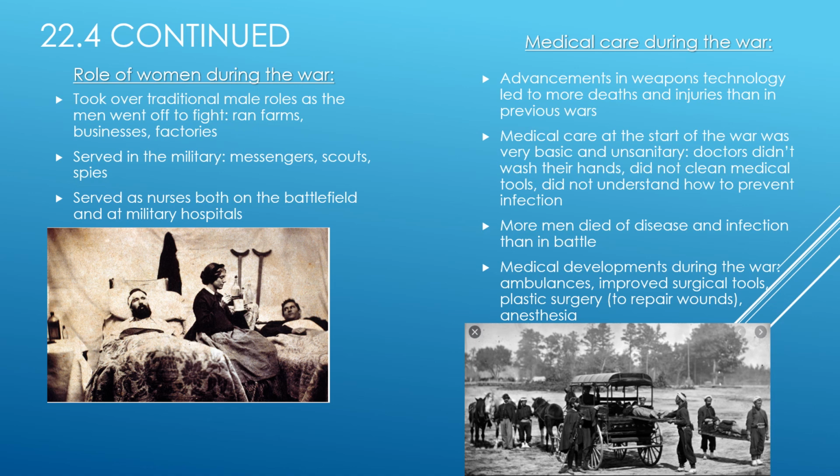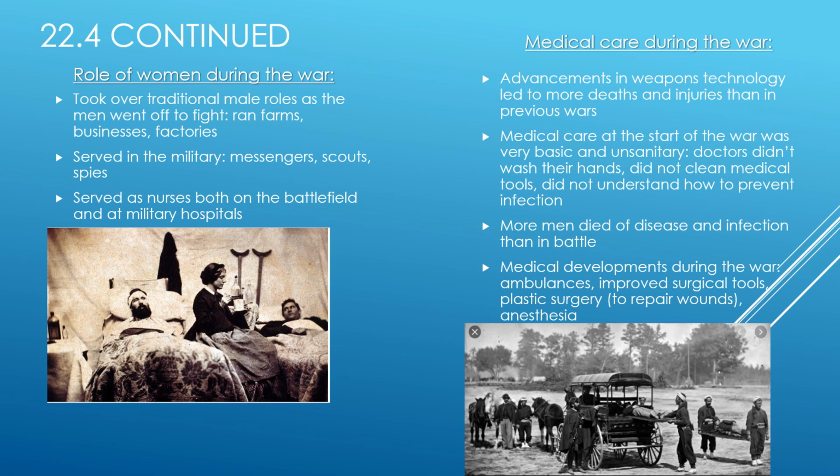And medical care during the Civil War was also very important. Weapons technology was advancing to much more powerful cannons, much more powerful rifles and guns. But the medical treatment did not improve along with the weapons. Doctors had no idea how to prevent infection. They had no idea that they should wash their hands with soap and water or clean their medical equipment.